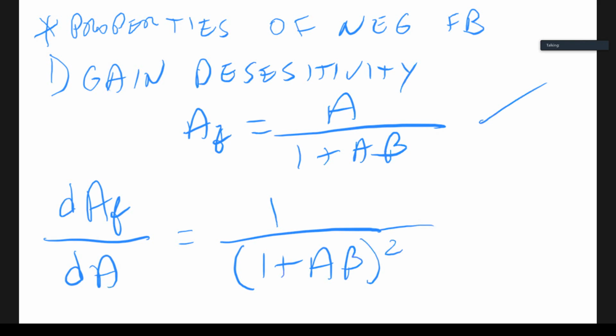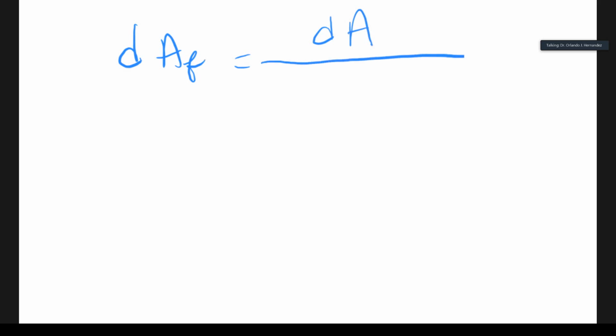And then what that means is that a change in closed loop gain relative to a change in the open loop gain is going to be reduced.